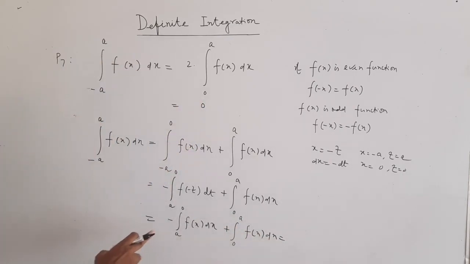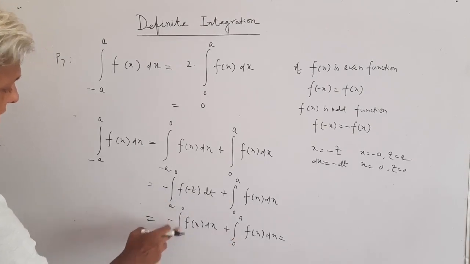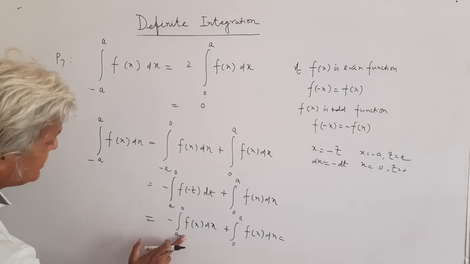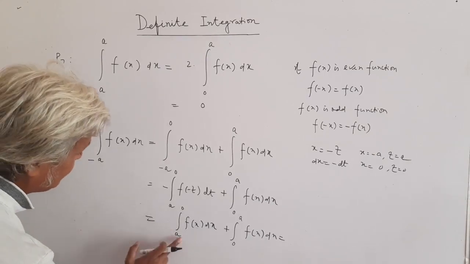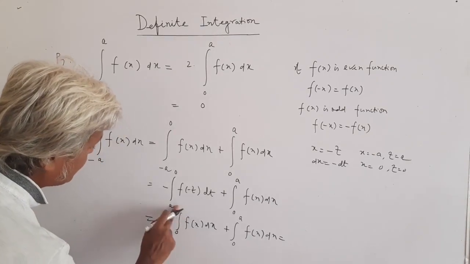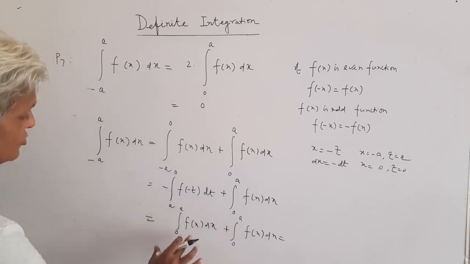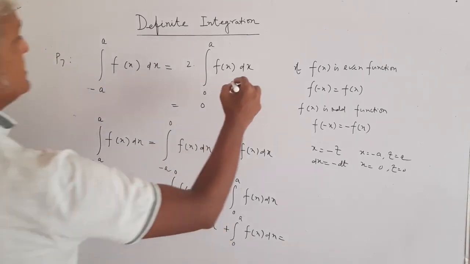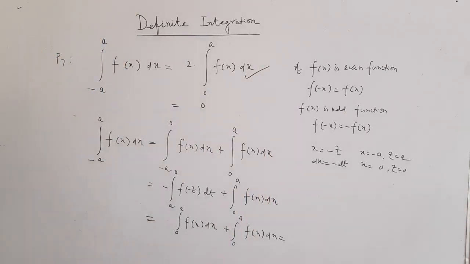Now here we have minus, everything is fine, these two are the same, this is negative and the limits are interchanged. So if I interchange the limit, then this minus will become plus, so I remove this minus, and make this 0 to a. Now you see these two are identical, so these two add up and this part is proven.